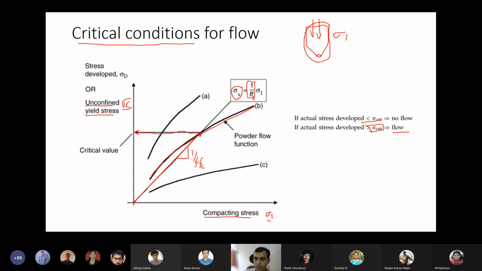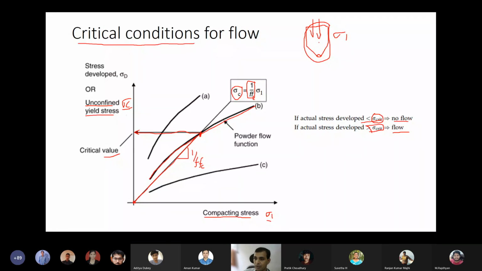Why is this the slope? Because sigma c equals 1 over ffc times sigma 1. If we draw a line with that slope, wherever it touches this curve will be the critical value. Sigma c is different from sigma critical. Sigma critical is this value. If this critical value is higher than the actual stress developed in the silo, then definitely no flow takes place.